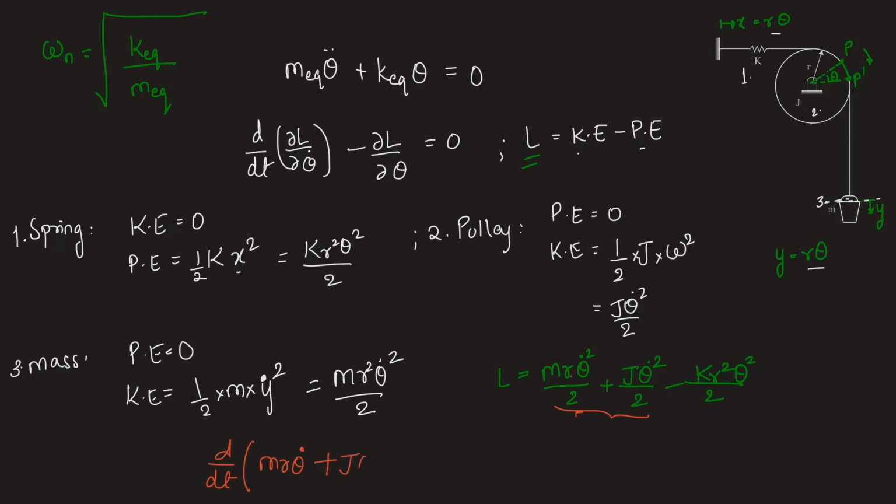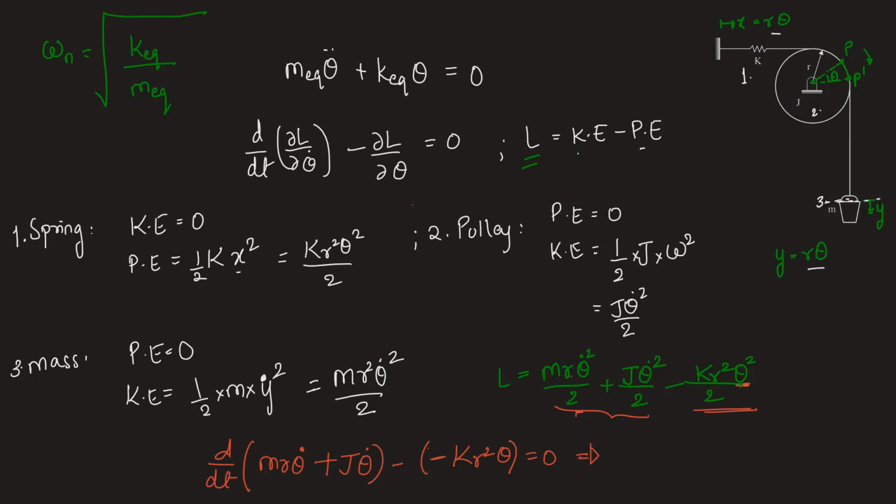So we have J theta dot minus derivative of Lagrangian with respect to theta will consist of only the third term because only the third term contains theta. Also, we have a minus sign inside this. So we have 2 times k r square theta by 2, that is k r square theta, is equal to 0.